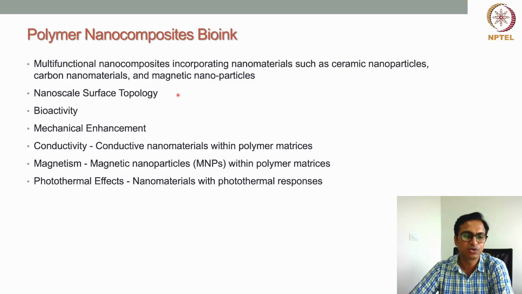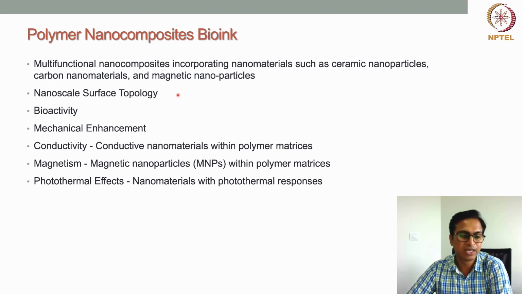That 3D structure will have high conductivity, which is very good for innervated tissue engineering, like myocardial tissue engineering for heart tissue, and nervous tissue engineering. This kind of conductive nanomaterial-incorporated polymer matrix or nanocomposite Bioink can be very well used.